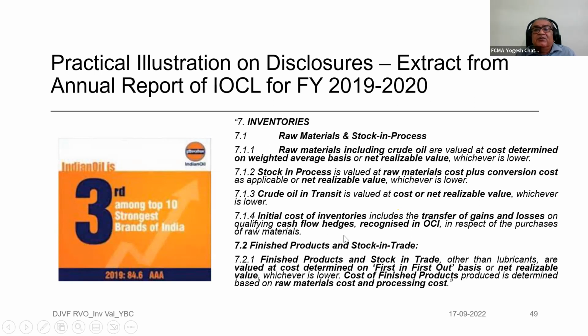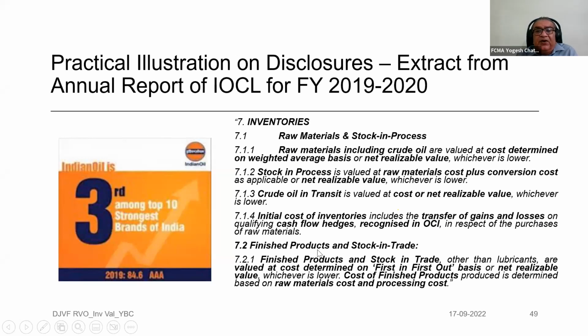So initial cost of inventory includes transfer of gains and losses on qualifying cash flow hedges recognized in other comprehensive income in respect of the purchases of raw material. So this is about raw materials and stock in process, how valuation is done.